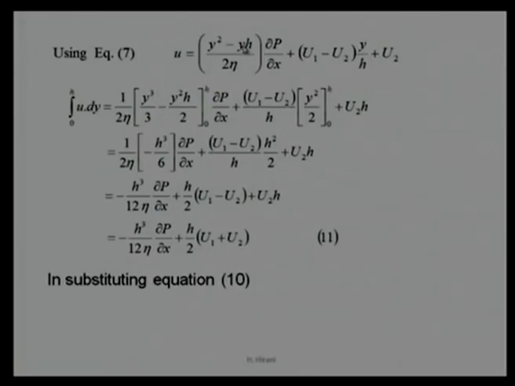There is a term y, h is constant, the integration of y will be y square by 2, and this 2 eta is taken out as common. The pressure gradient does not depend on y, and the integration limits are h and 0, plus this velocity is not a function of y, h is in this case a constant, it is not a function of y over here, and y is coming over here. So, y will be integrated like y square by 2. There is no term related to y, u 2 is constant.